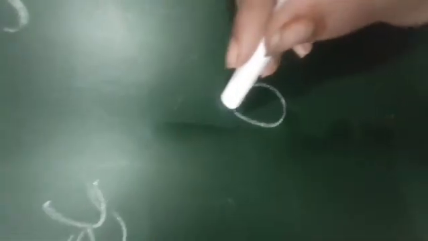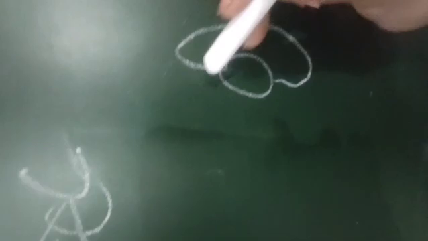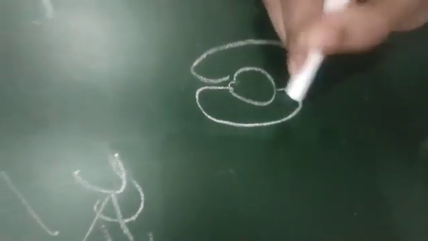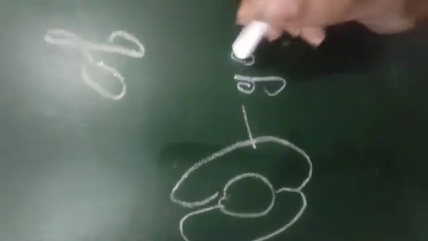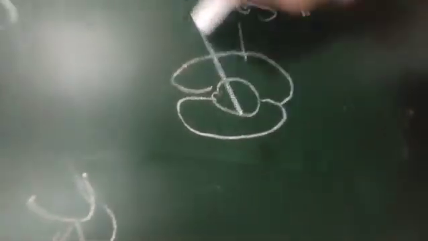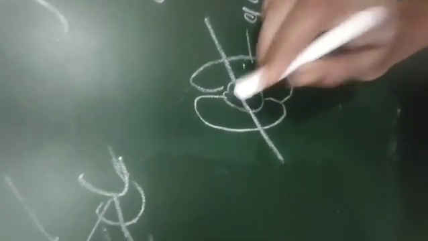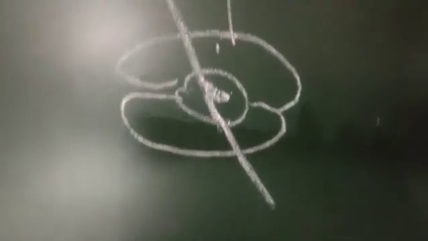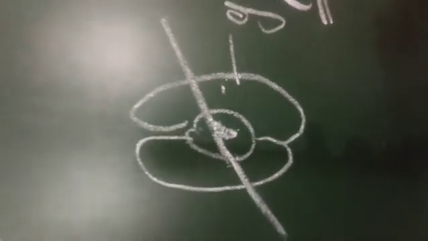Observe, this is a stomata, and the outer covering around the stomata is known as guard cells. They are kidney-shaped cells that control the opening and closing of the stomata, the tiny pores.